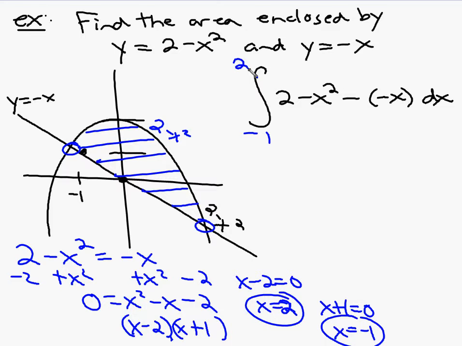So if it were me, I would rewrite this problem, taking care of that little negative issue at the end. It's going to be the integral from negative 1 to 2 of 2 minus x squared plus x dx. And fortunately, this is just a nice little polynomial that we can use the power rule on.